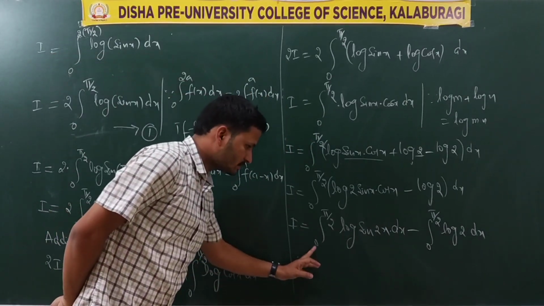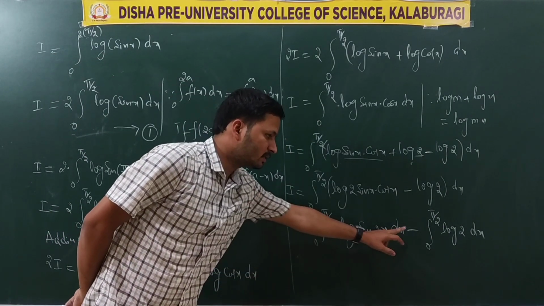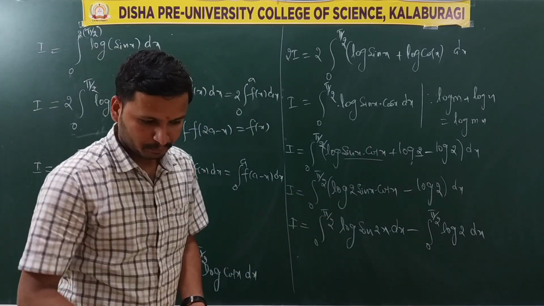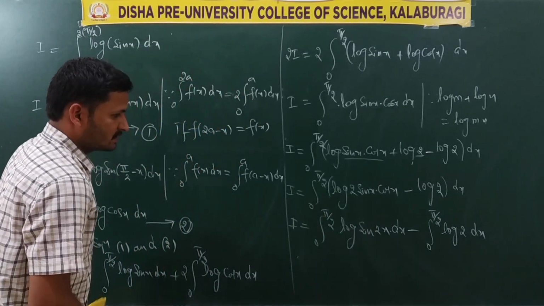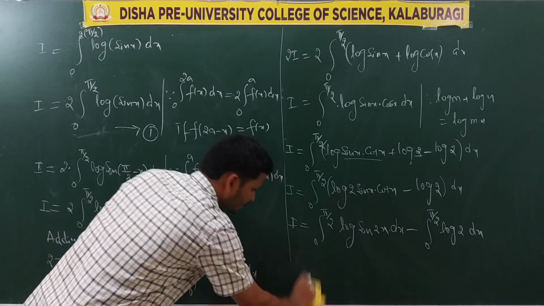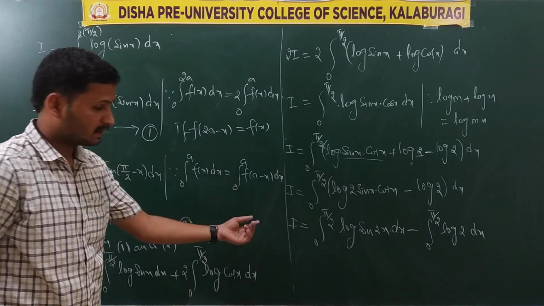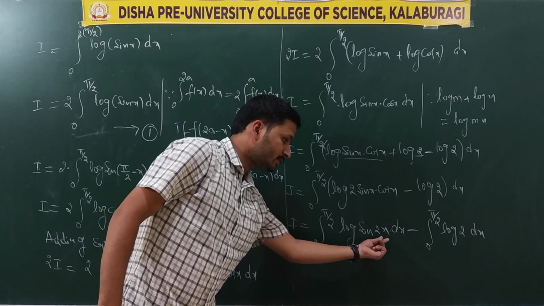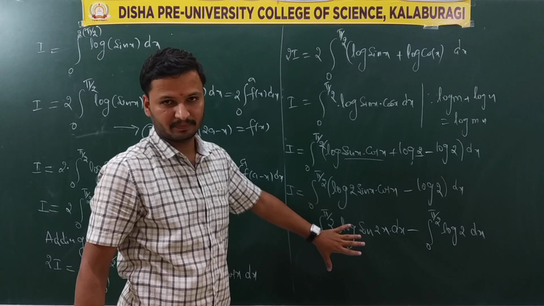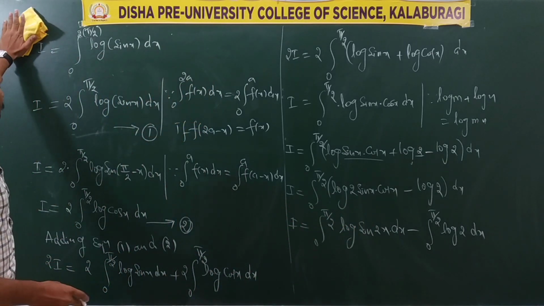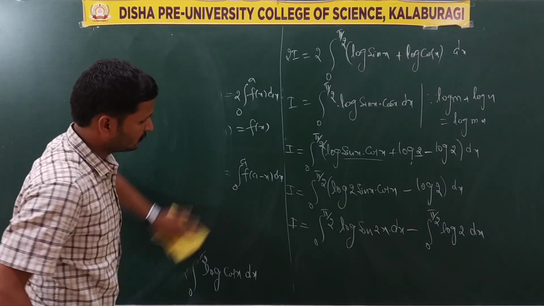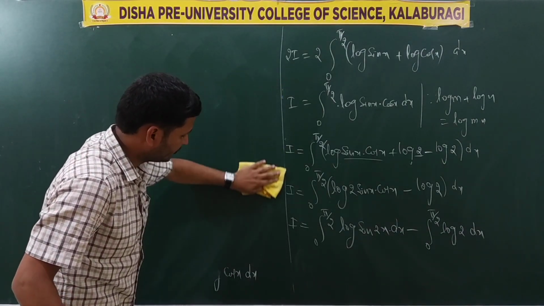Now we have the integral from 0 to pi by 2 of log of sin 2x dx minus the integral from 0 to pi by 2 of log 2 dx. So I is equal to this. In the last step we substituted 2x equals t in the first integral.